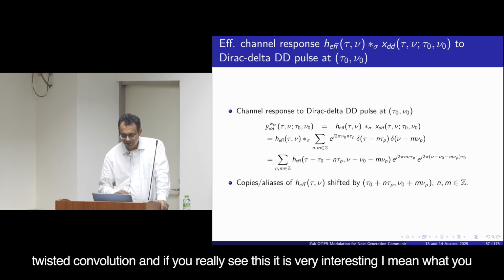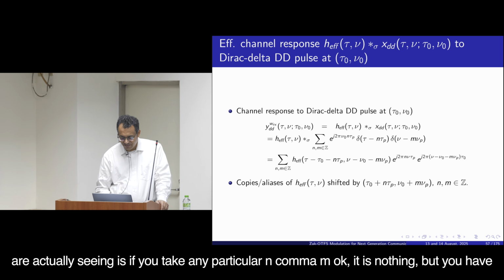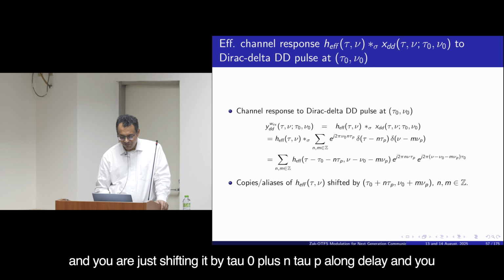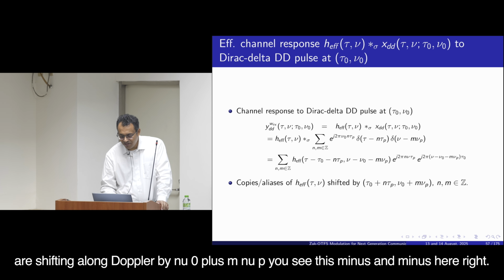And if you really see this, it's very interesting. I mean, what you are actually seeing is, if you take any particular n comma m, it's nothing but you have your H effective tau nu, and you are just shifting it by tau 0 plus n tau p along delay, and you are shifting along Doppler by nu 0 plus m nu p.